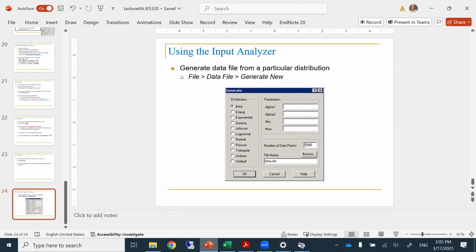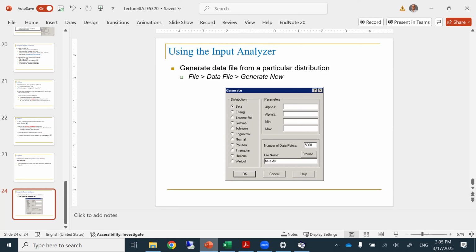Also, the final thing: if at some point you need to generate data, which I don't know how useful that could be, unless you're doing an exam and you want to test, you can generate data following a distribution.